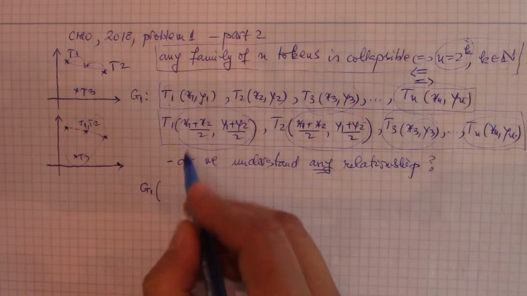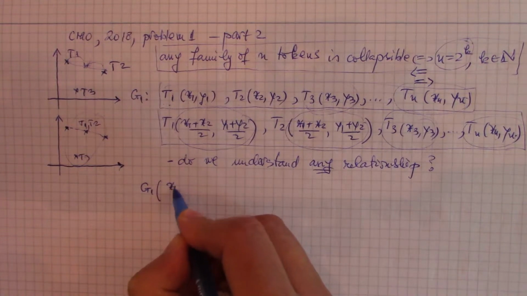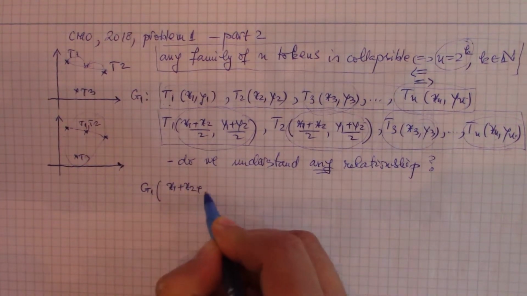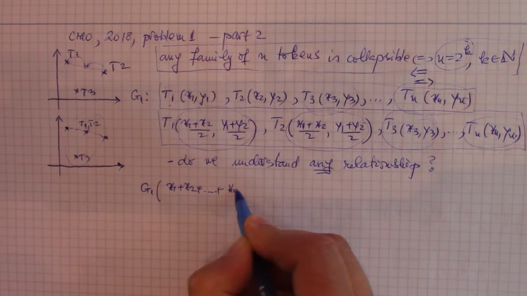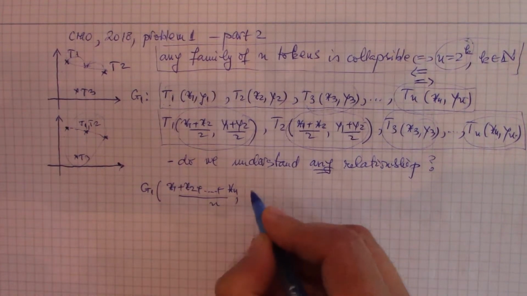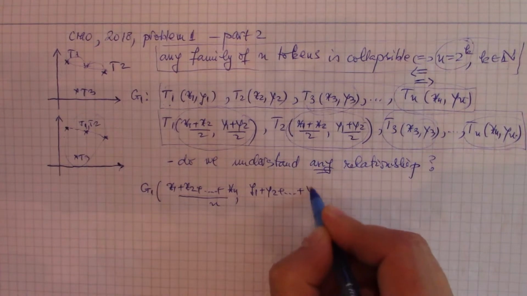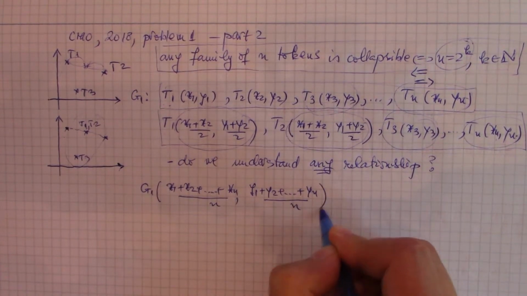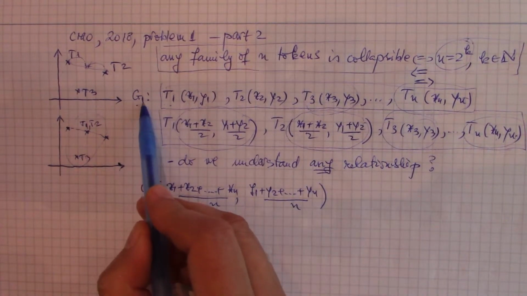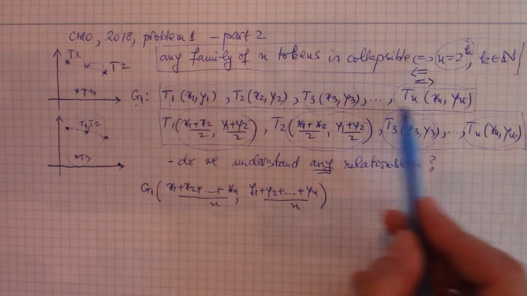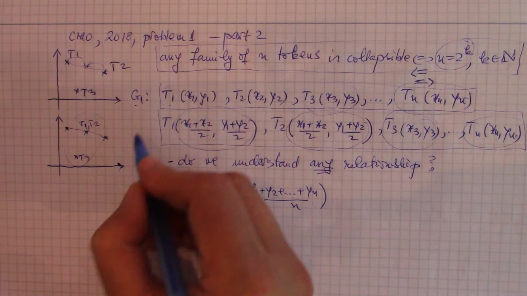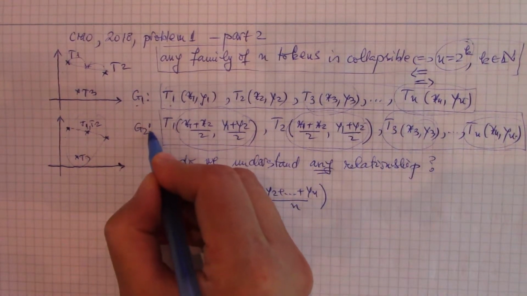G1 here will have coordinates (x1 + x2 + ... + xn)/n, and (y1 + y2 + ... + yn)/n.